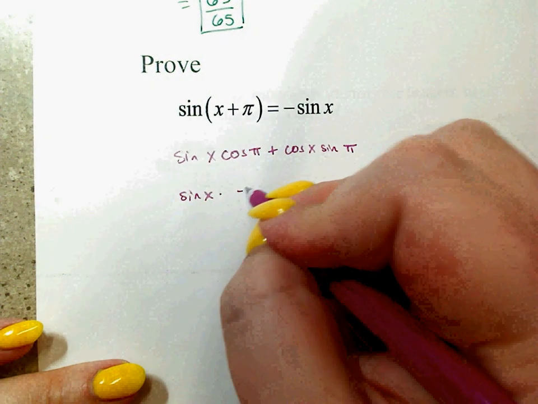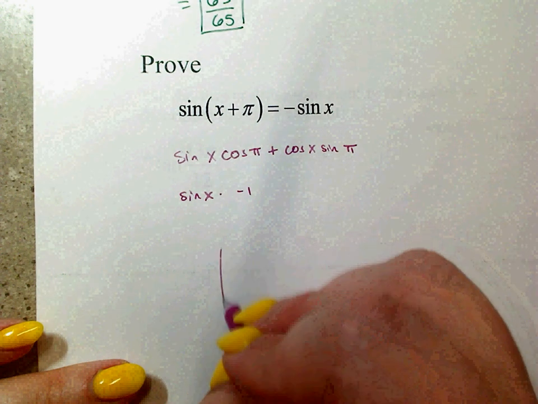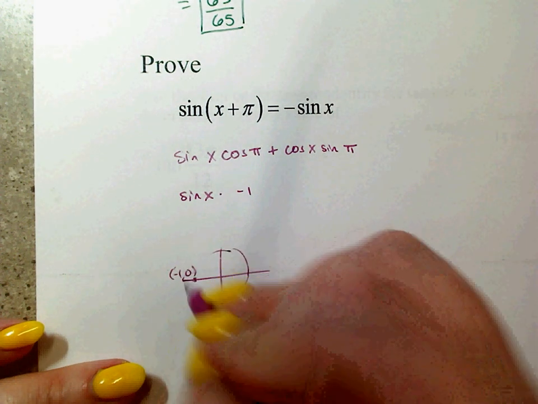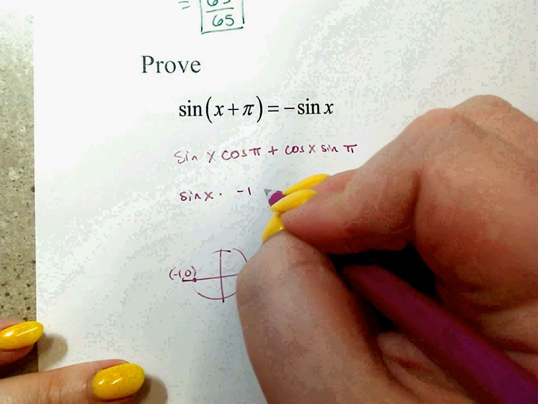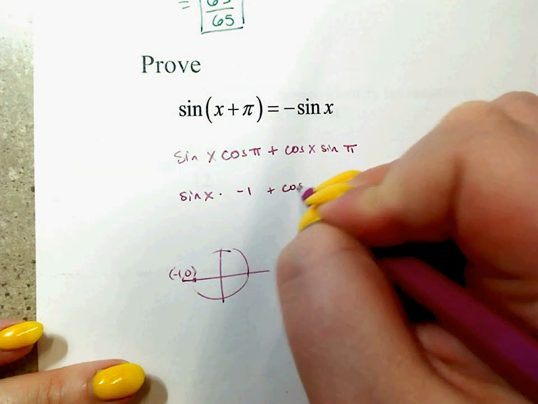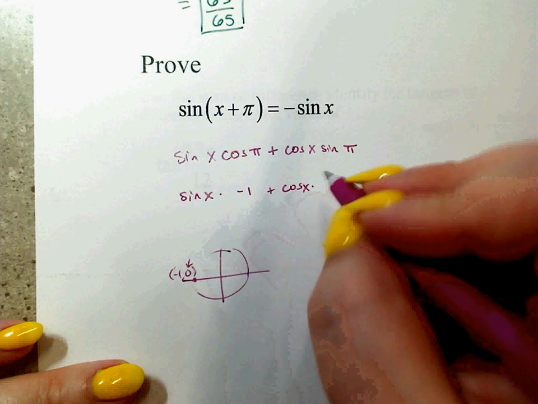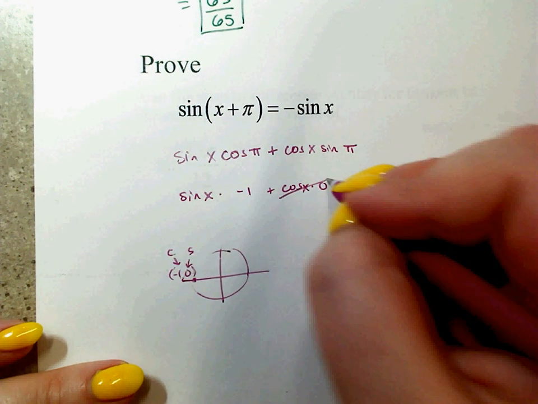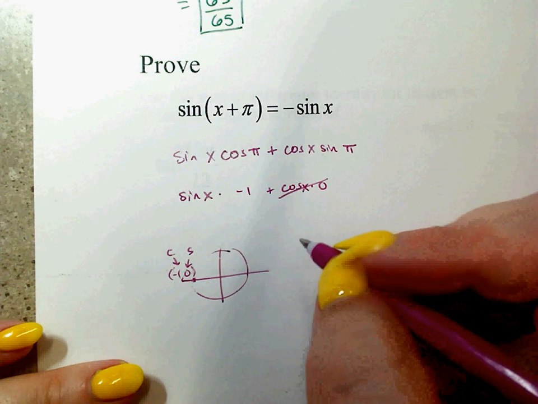Cosine of x is cosine of x, but sine of pi is 0, so this just goes away. My final answer is sine of x times negative 1, which is negative sine of x.